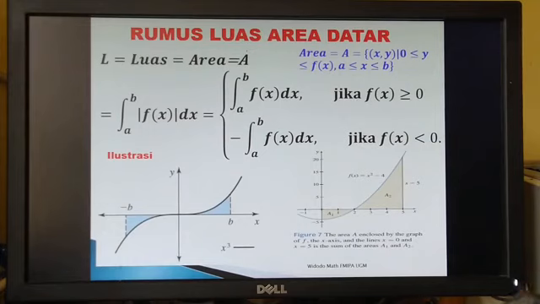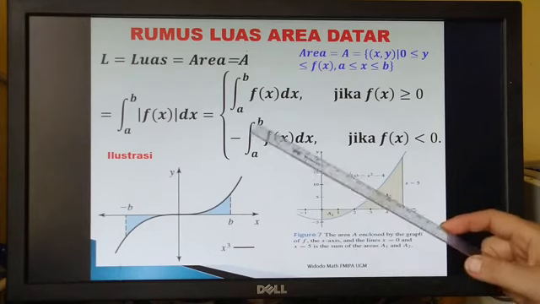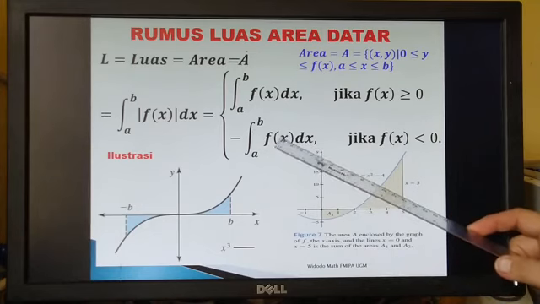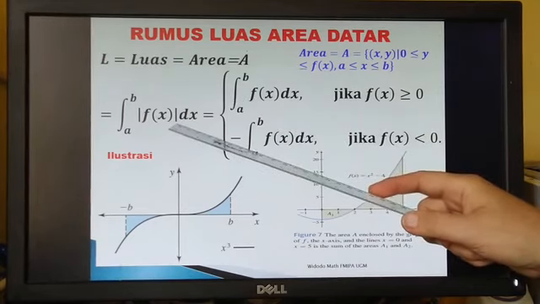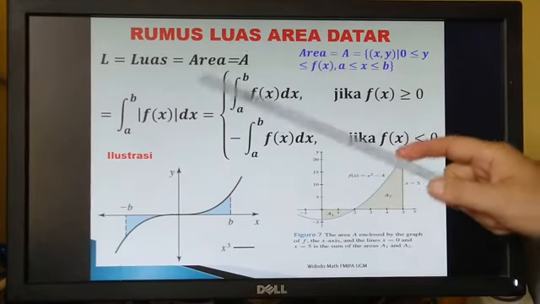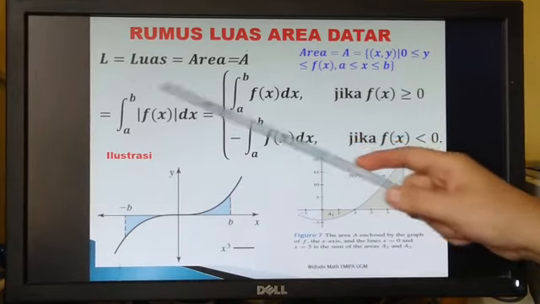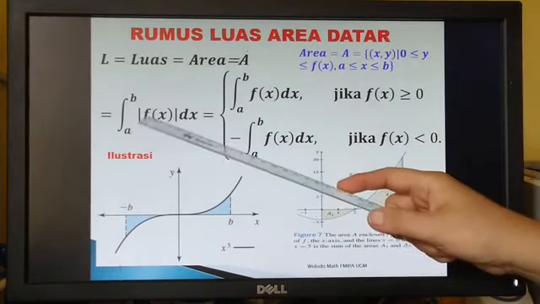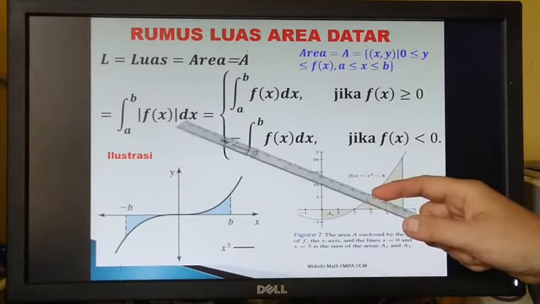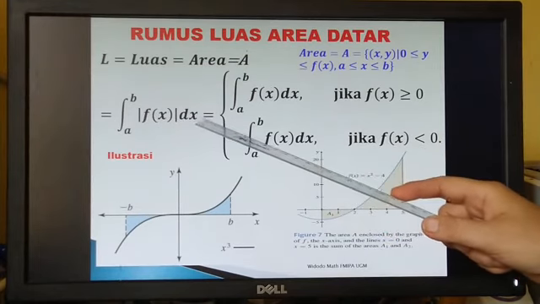In conclusion, if the function f is an arbitrary function, it can be negative or positive, then the formula of the area is A equals the integral from a to b of the absolute value of f(x) dx.